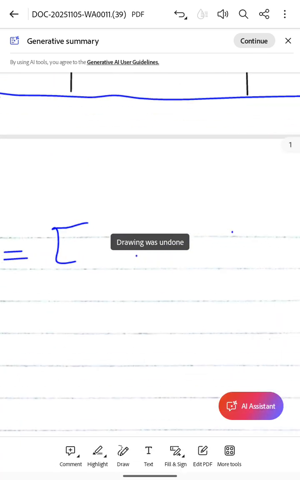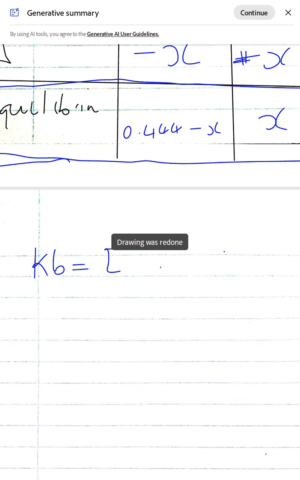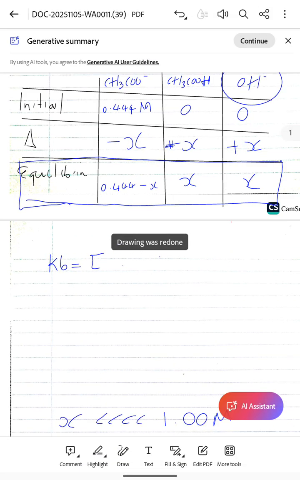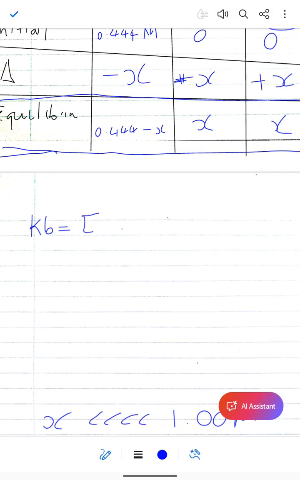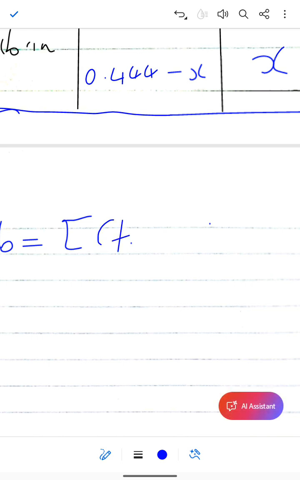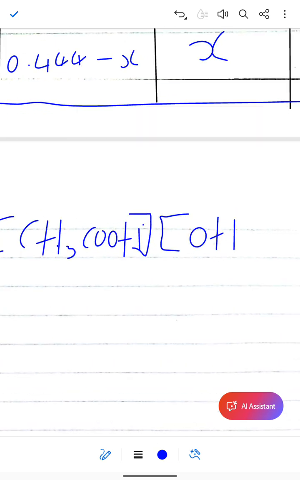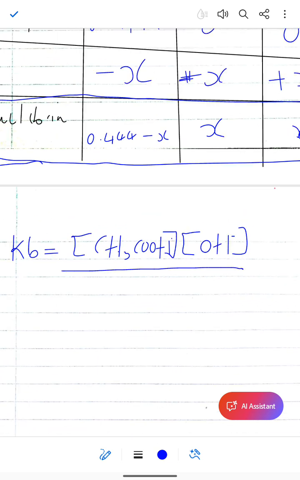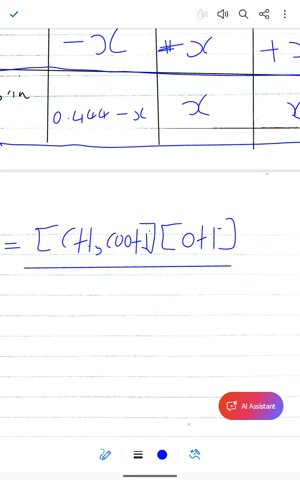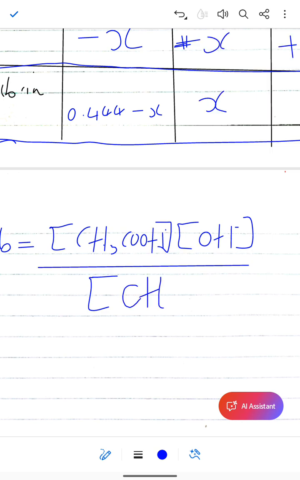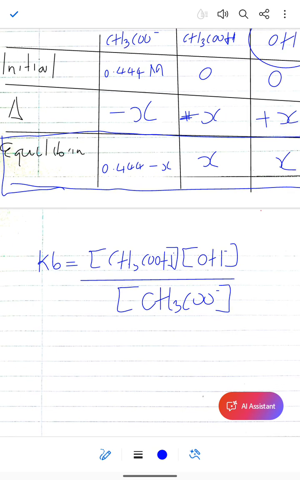So that means to write my Kb, I can simply say this is the concentration of acetic acid times the concentration of OH over the concentration of reactant, which is just the acetate ion in this case, right? And then I know that we just calculated our Kb.